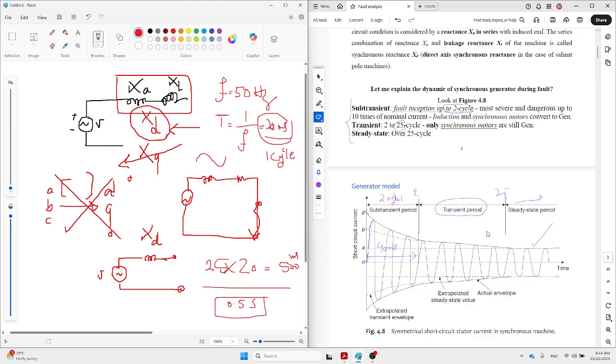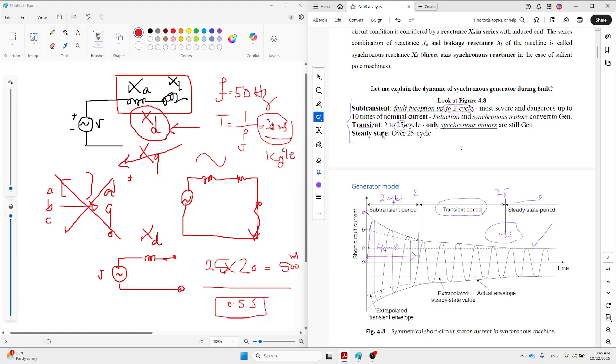So up to here is half of a second. So I think you can understand how small the timing is when we are talking about a fault in a power system. We must find it and somehow quench it.